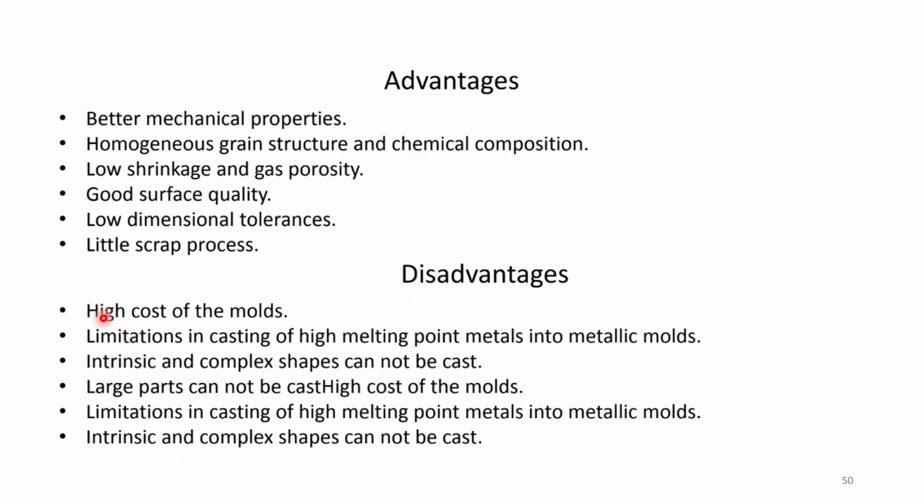Disadvantages. It has high cost of molds and a limitation in casting of high melting point metals into metallic molds. A metal mold can only go up to the melting temperature of the metal used for making the mold. Actually not even up to the melting temperature, you have to keep it below that temperature.